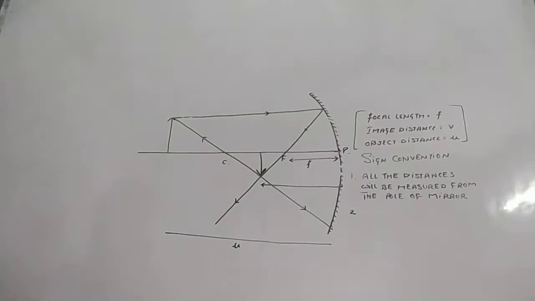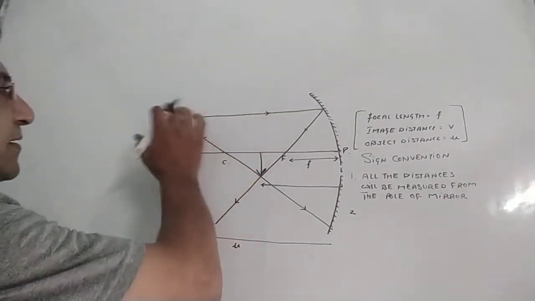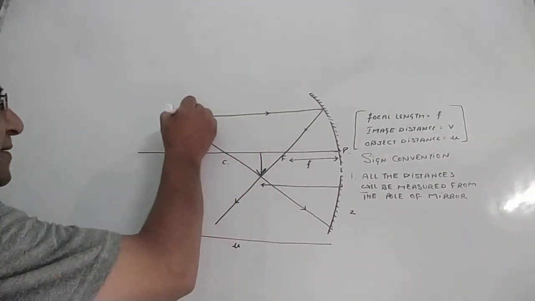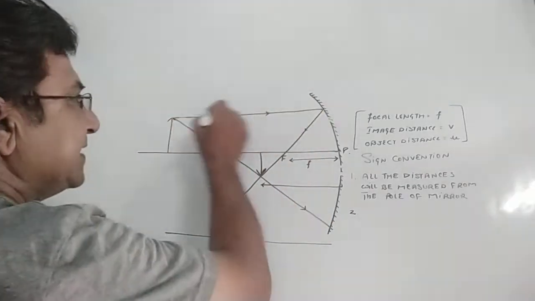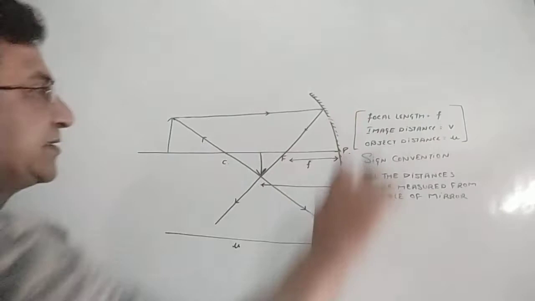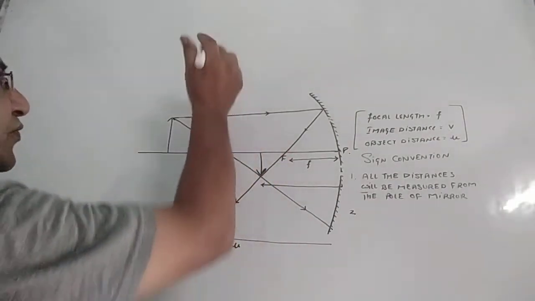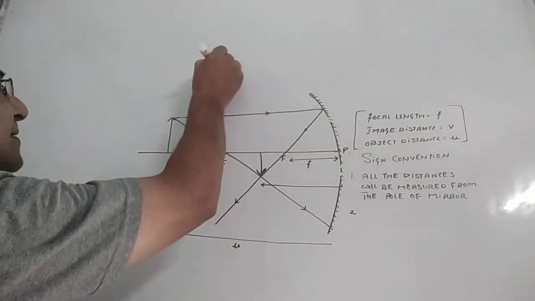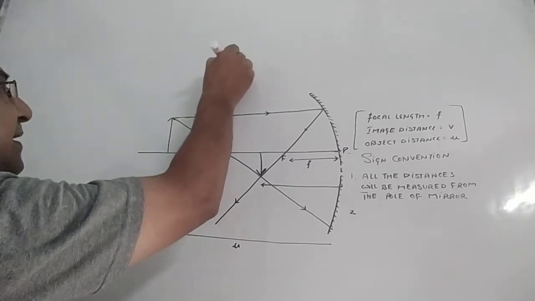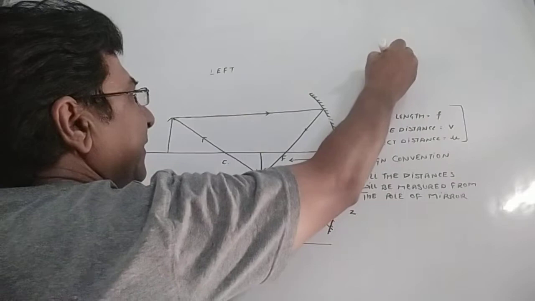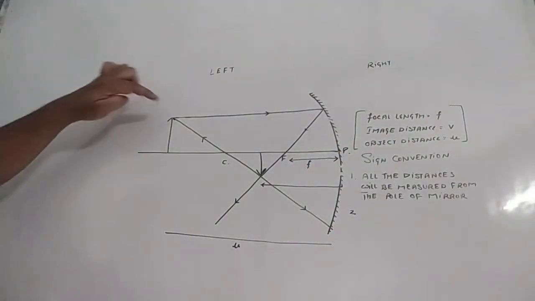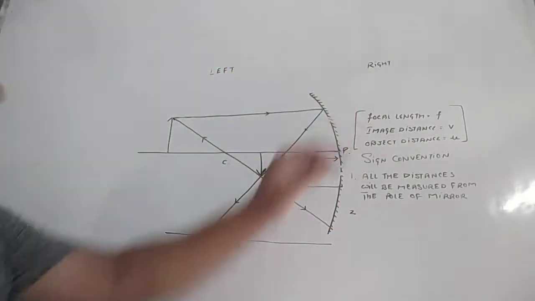Second, now this you have to understand in 2 ways. One, this is the incident ray going in this direction, right? So in the simplest way, we can say this is the left side of the mirror and this is the right side of the mirror. This ray is going towards the right side.